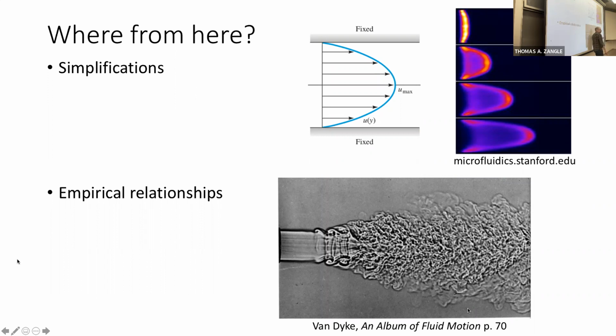There are some big vortices at the edges, and you can almost see those big vortices breaking down as we move, since this flow is coming out this way, into these little tiny vortices within the flow. That is characteristic of turbulence.